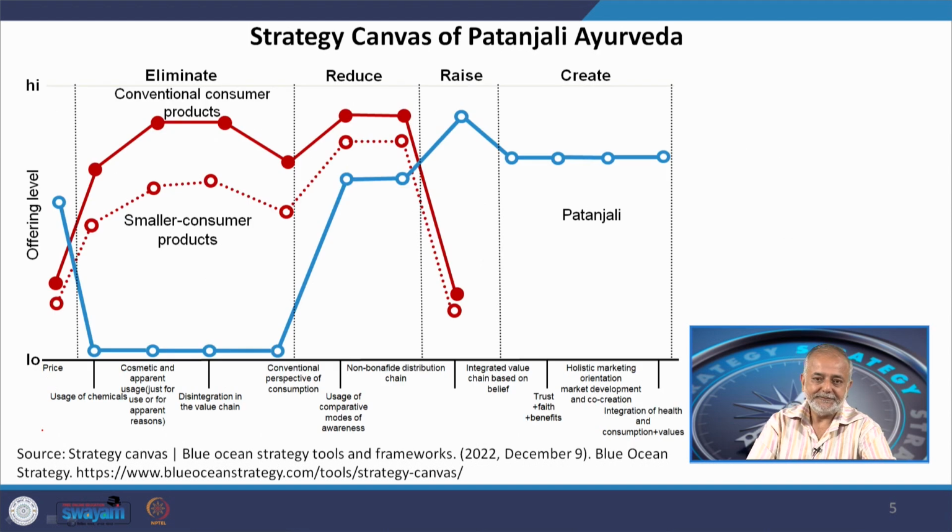Now, look at this, and that is precisely what I was talking of. When you are talking of an organization, you can choose one of the products of Patanjali to be demonstrated with a Blue Ocean perspective. For example, their Dant Kanti can be used as an example to fit in here across the Blue Ocean framework also, but largely Patanjali can be seen with this kind of framework. For example, the authors have demonstrated an organizational perspective with the Blue Ocean framework also.